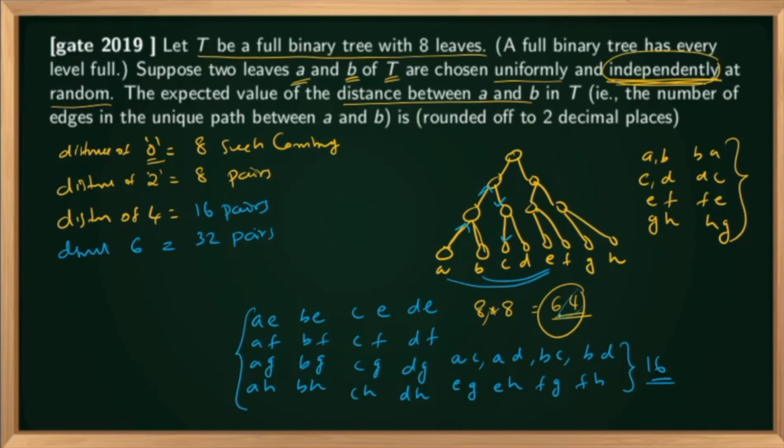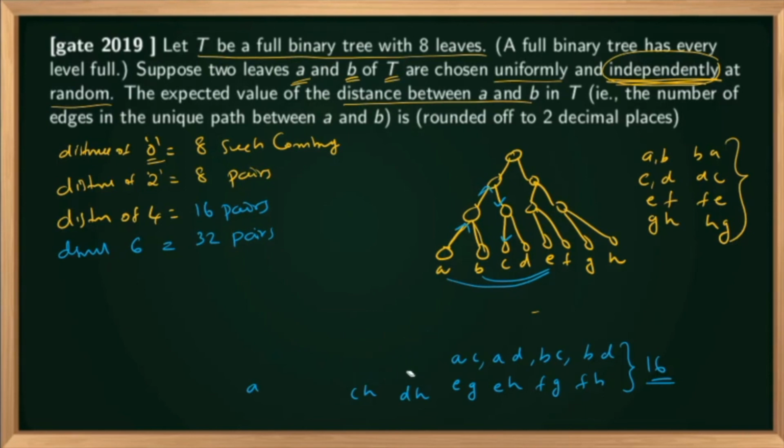So we know that in total we have 64 pairs, and if you randomly take a pair, it can have distance either 0, 2, 4, or 6. Now the question is, we had to find the expected value of the distance between two leaves.